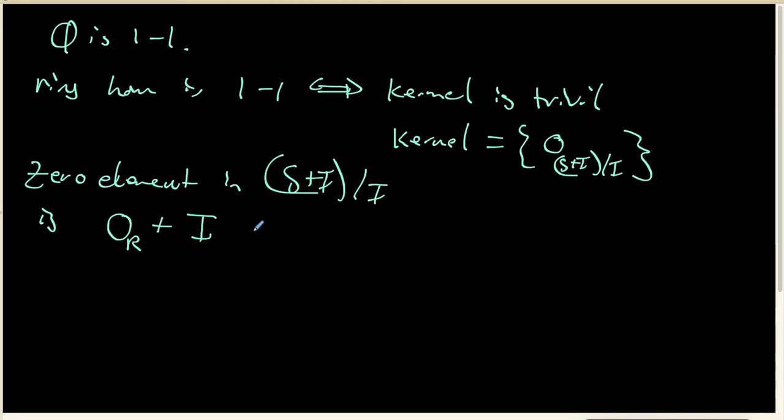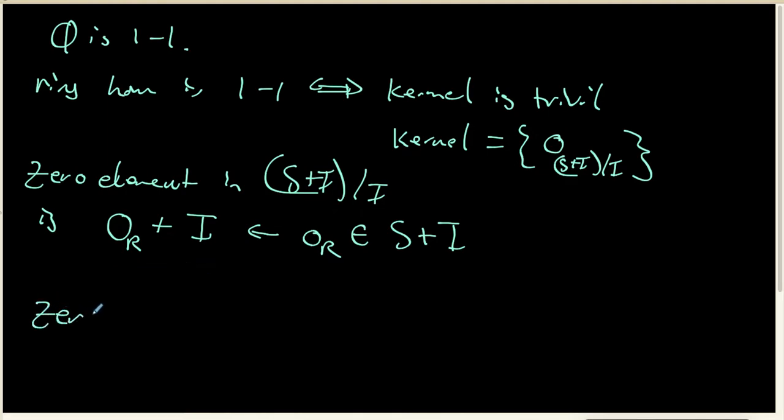And the reason why is that the zero element in R is inside the subring S plus I, and that's why the zero element inside this particular quotient ring is that particular coset. Well, we have a similar thing going on in our target ring.